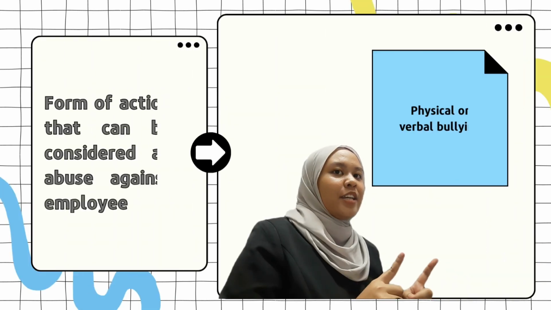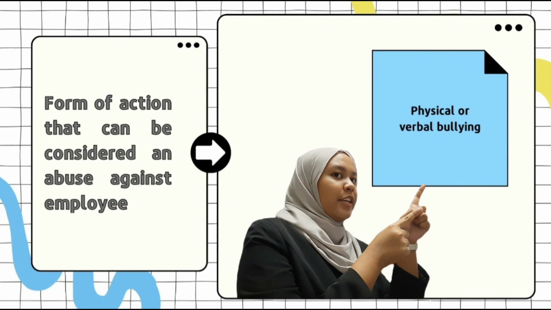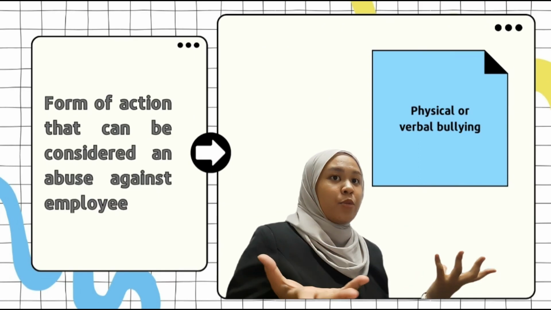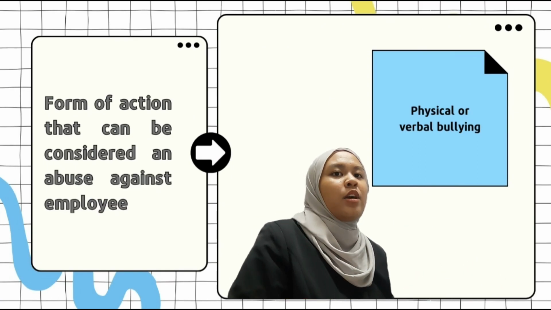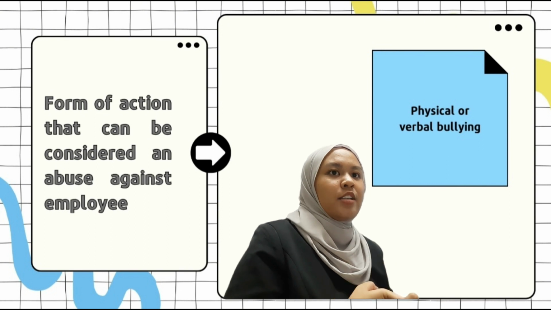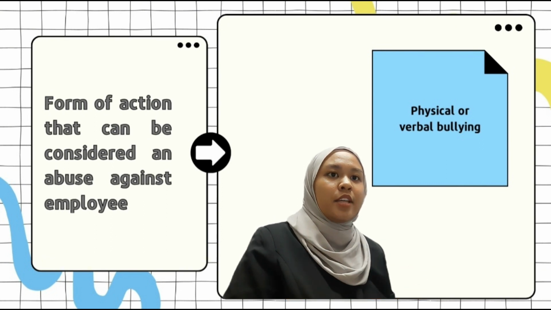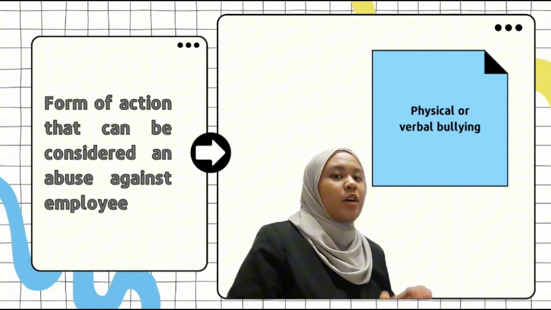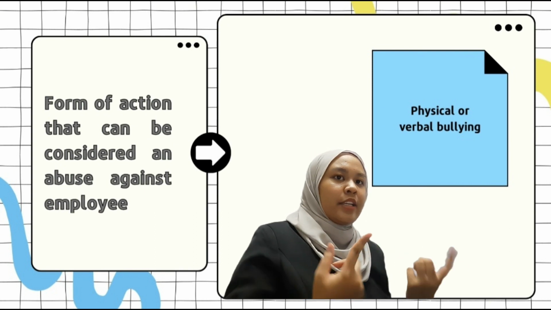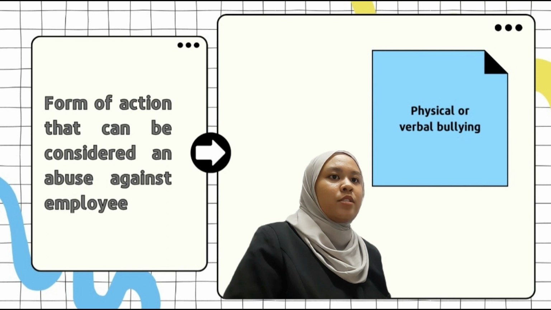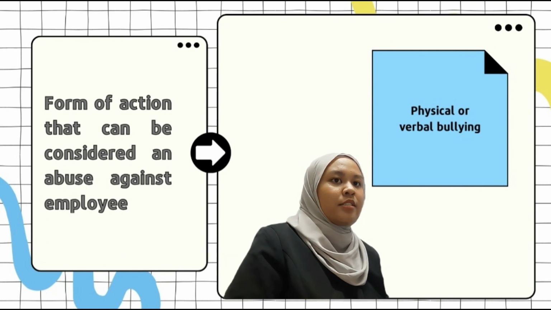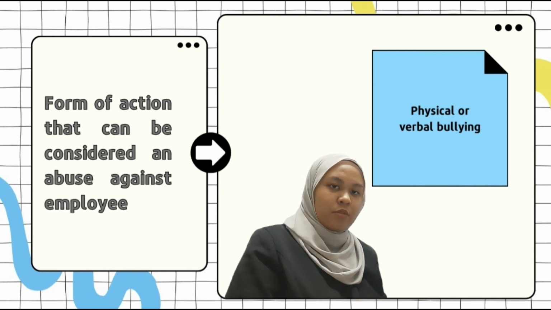The next point is physical or verbal bullying. What does bullying in the workplace look like? Let me tell you. Sexual harassment, particularly things like unwelcome touching and sexually explicit comments that make you uncomfortable. Playing mind games or other types of psychological harassment, or maybe giving you pointless tasks that have nothing to do with your job scope.